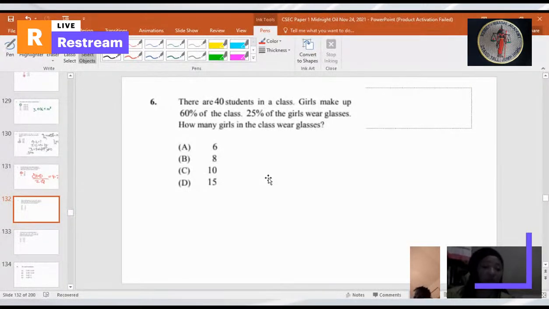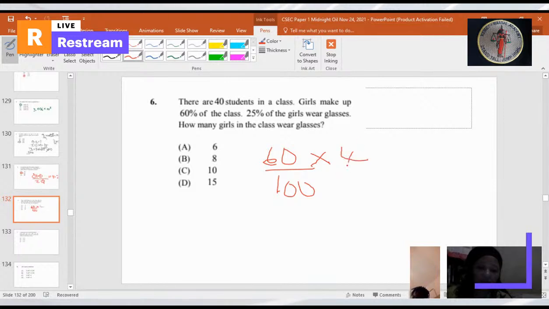So we're at number 6. Girls make up 60% of the class of 40 students. So that 0 cancels that one, and that's 24 students.